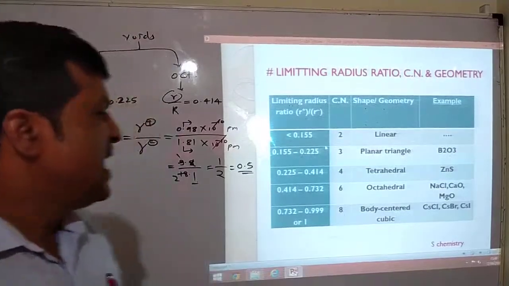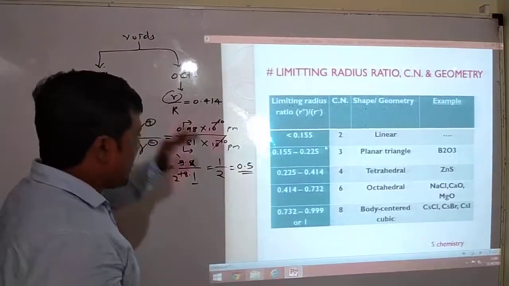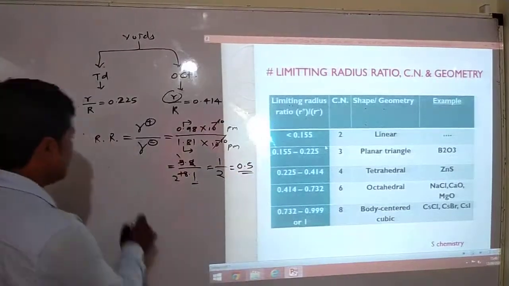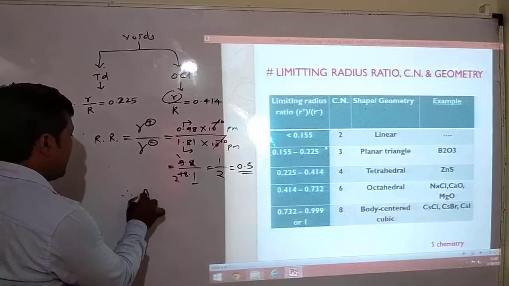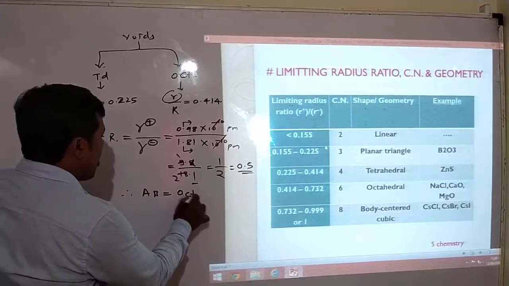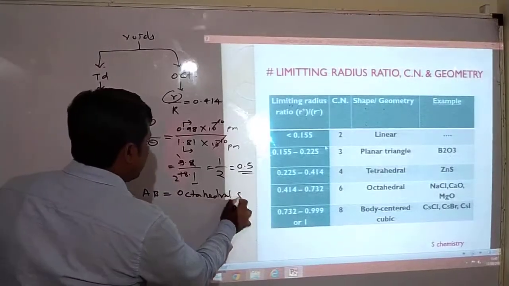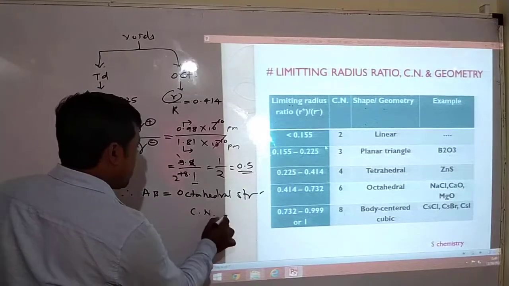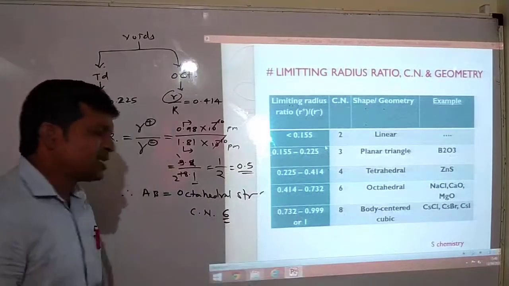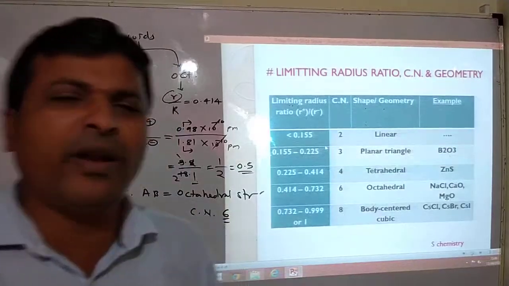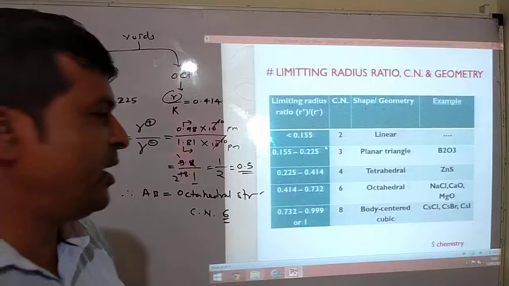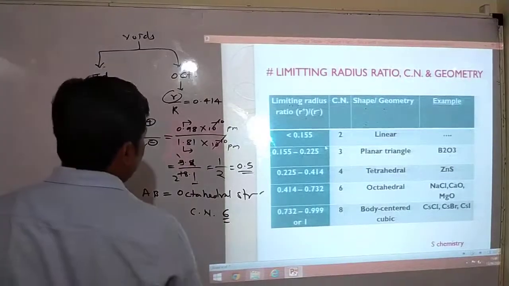That means AB forms an octahedral structure with coordination number 6. They are asking about the coordination number, and for octahedral, no doubt, the coordination number is 6.